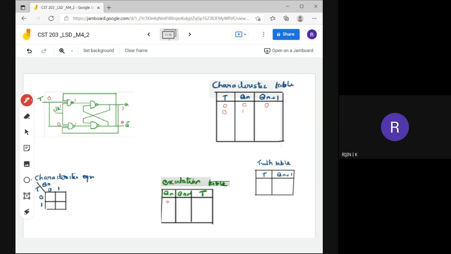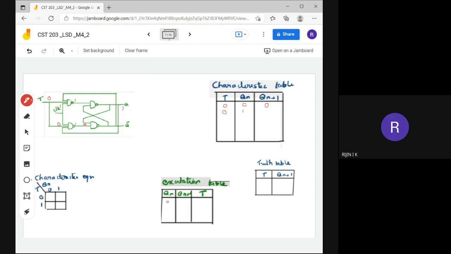Then we need to find Qn plus 1. Here it is 1, and this is also 1. From the previous input we can find both are 1, because T here is 0 itself. If any one of the inputs is 0 in a NAND gate, the output will be 1. So here it is 1.